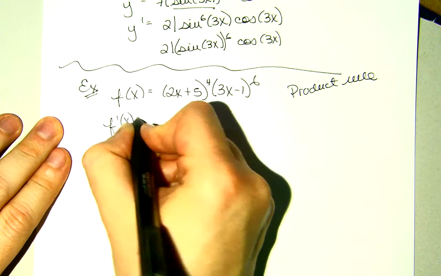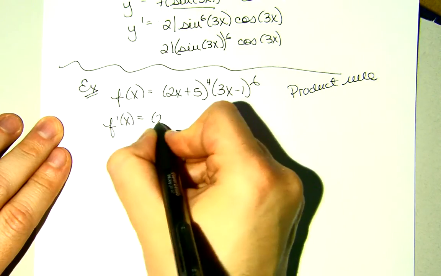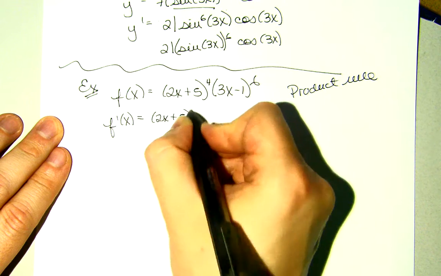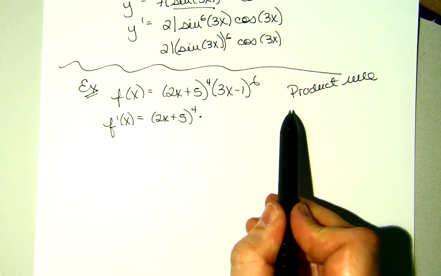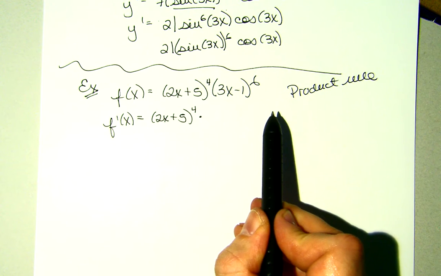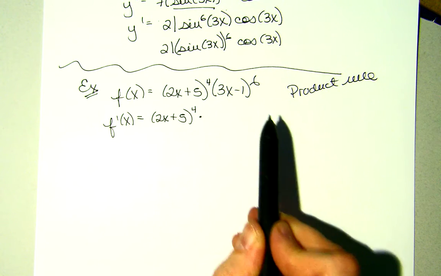F prime of x equals first, (2x plus 5) to the 4th, times the derivative of the second. Volunteer to tell me how we do the derivative of (3x minus 1) to the 6th?